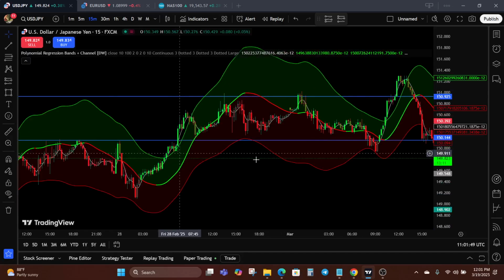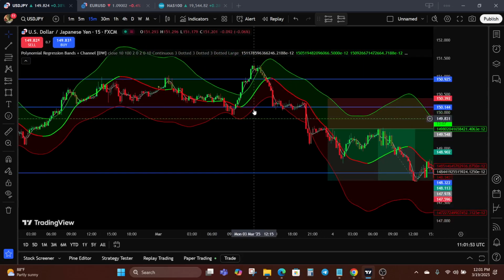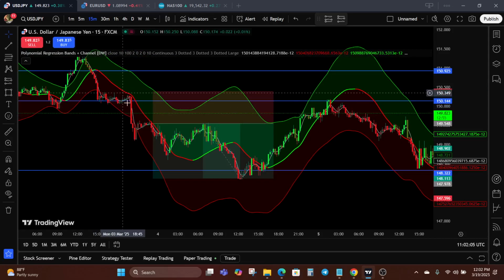Can you see what happened here? You can see what happened here again. But when the bands start narrowing and moving in one direction, it shows that there is a strong trend. There is a strong move in that particular direction. In this case, a strong upward move. Here in this case, a strong downward move. So pay attention to the narrowing and widening of the bands.